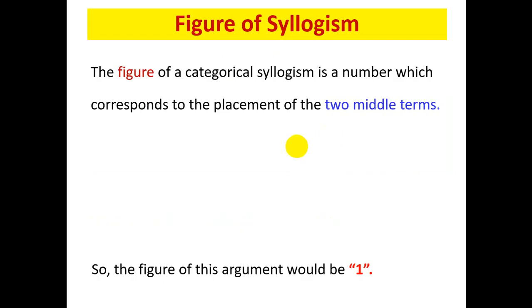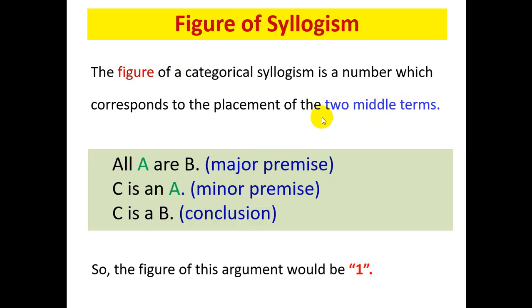Then, what about the figure? This was concerning the mode. What about the figure of syllogism? The figure of syllogism is a number which corresponds to the placement of the two middle terms. You still remember the middle terms in the argument? Let's have this example. When we say all A are B, this is the major premise. C is an A, this is a minor premise.